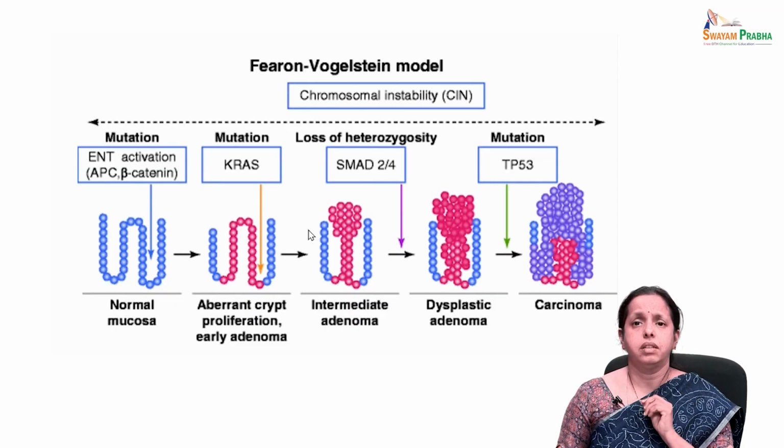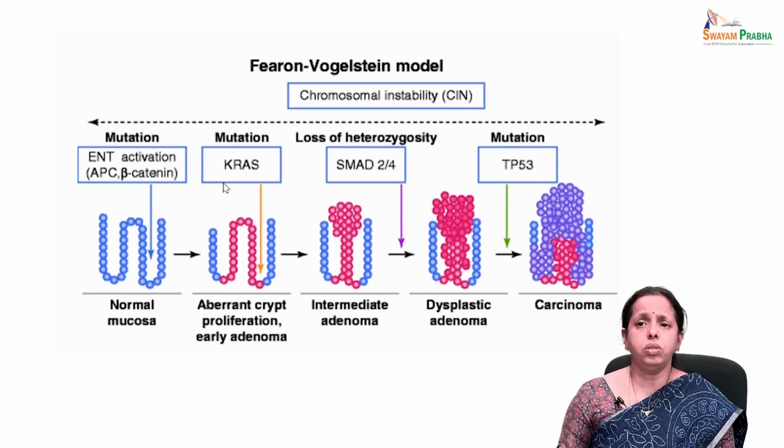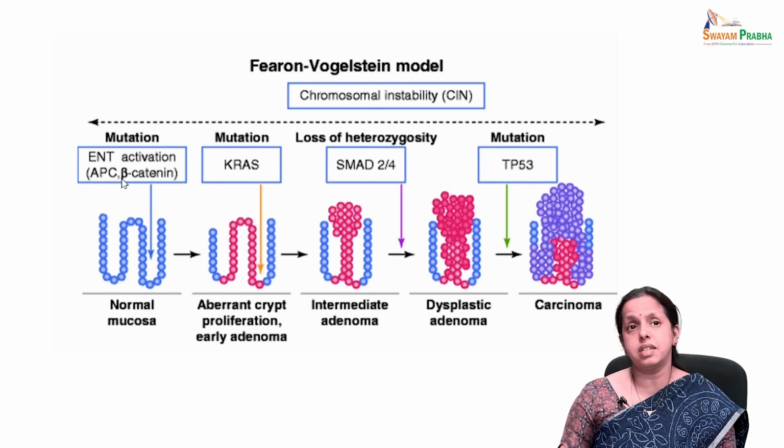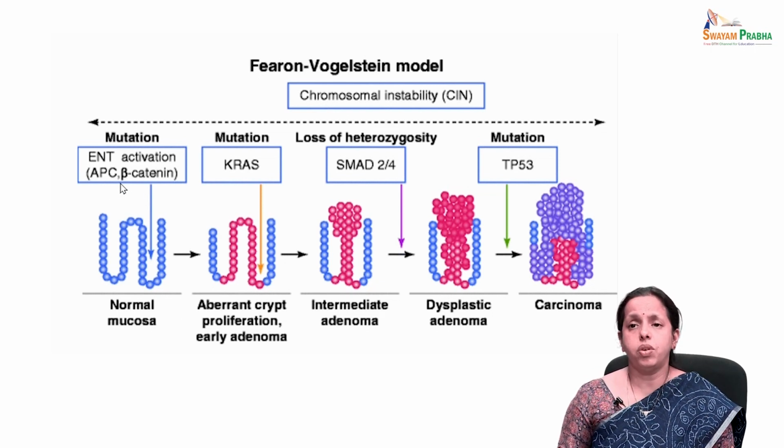colorectal cancer. As I said, you have the loss of the APC first. You recollect we just discussed in the basics how loss of this particular APC will lead to the complete carcinoma.